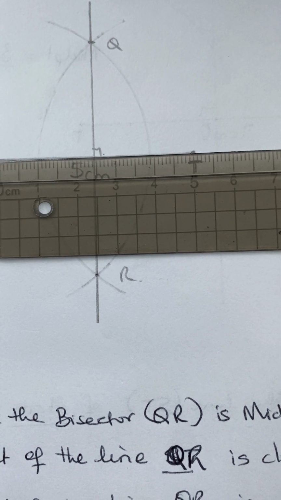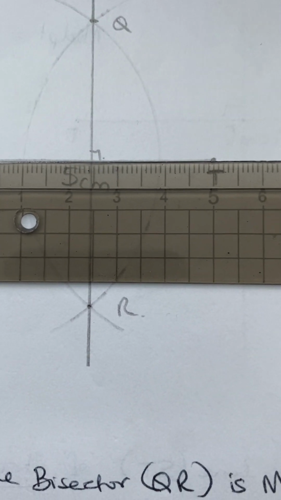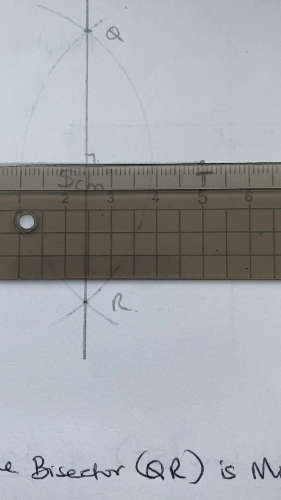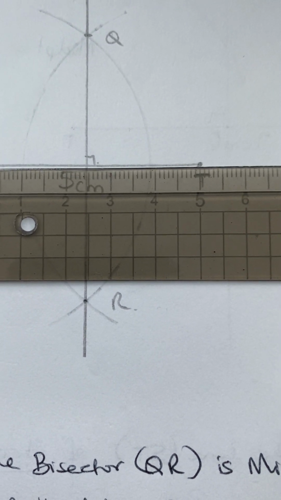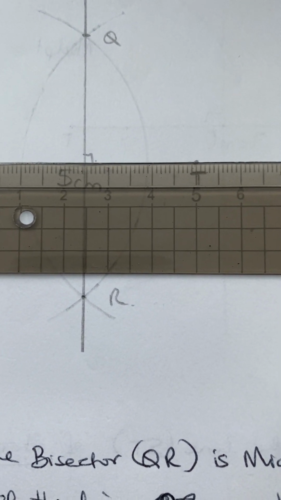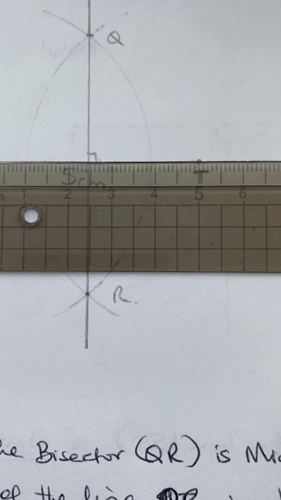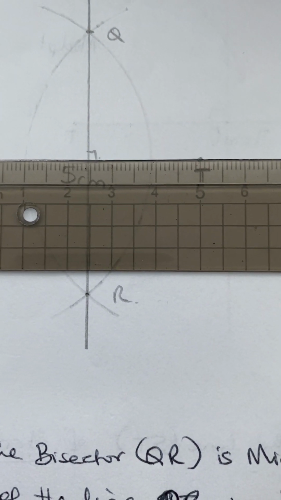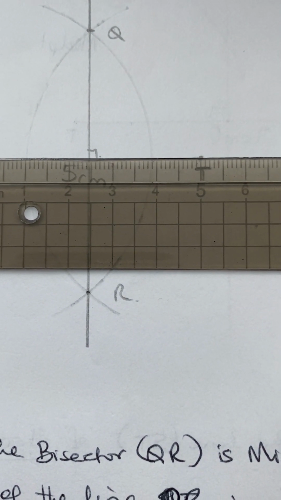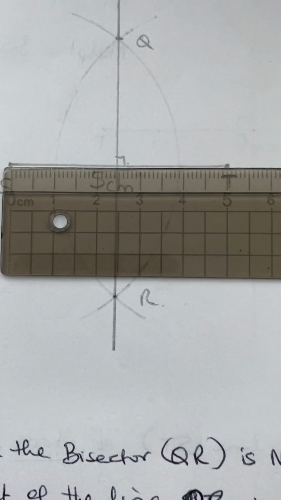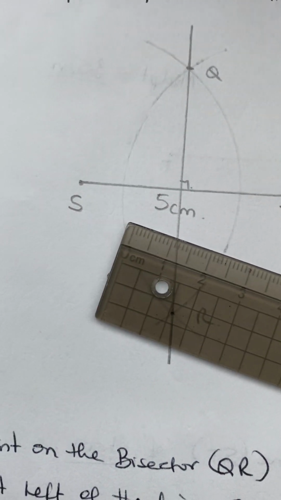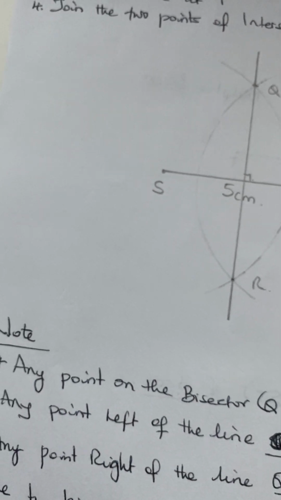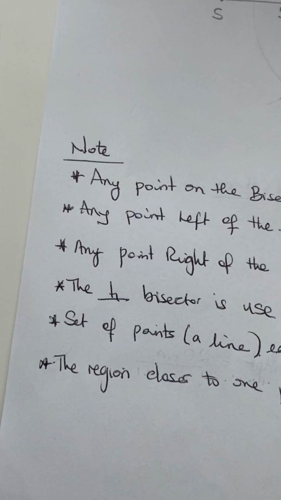If you can see clearly there, 2.5 centimeters. And it will meet our line ST at right angles, or 90 degrees. So this is how we divide the line. We are going to look at a few examples today.